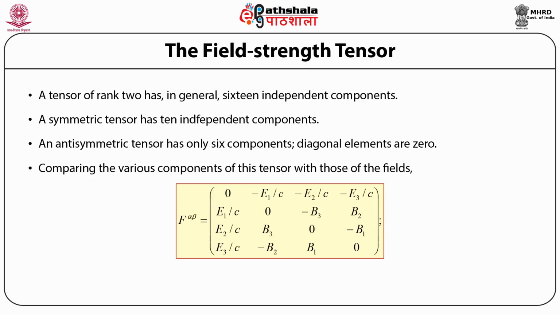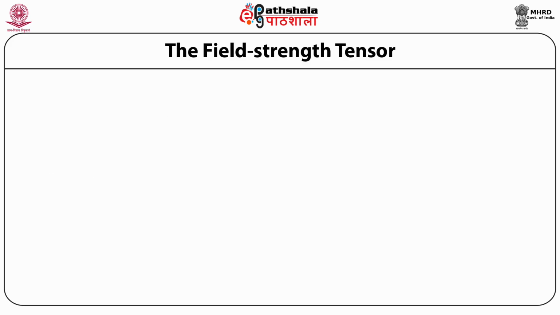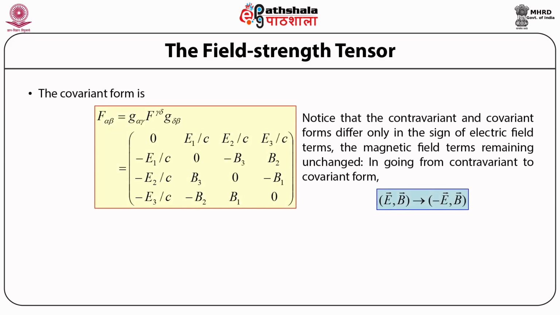And the fourth row elements are minus E subscript 3 by C, minus B subscript 2, B subscript 1, 0. So if you look at the rank 2 tensors, that is the field strength tensors, in the covariant and the contravariant form, and you compare these two relations, then what you see is that the covariant and the contravariant forms of the field strength tensor differ only in the sign of the electric field terms.